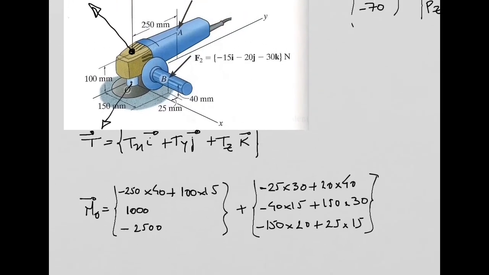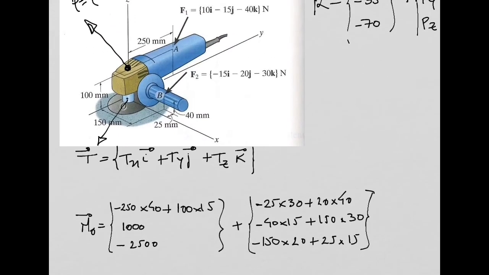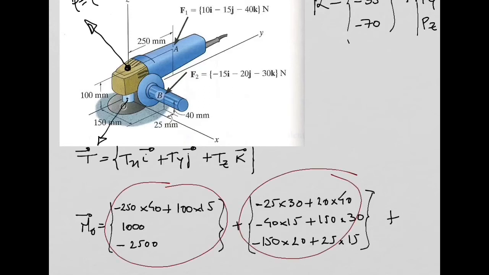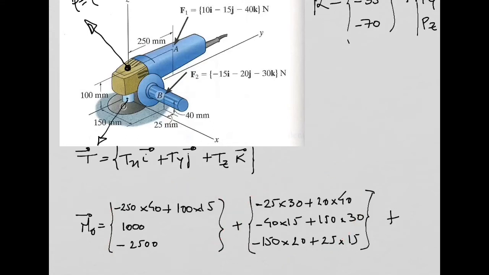Now I just need to add the moment produced by force P and force T. So I need to add here, so plus, I'm going to continue. These two terms that you have here are the moments produced by force F1 and force F2, right? We did that before. Now I'm just adding the moment produced by force T.